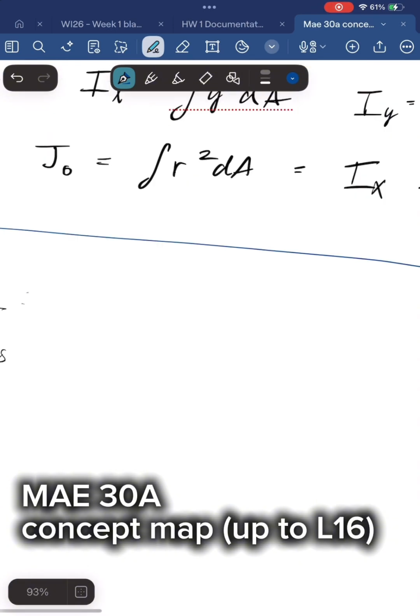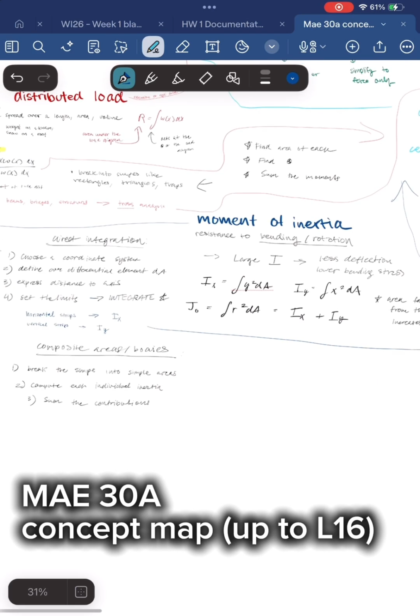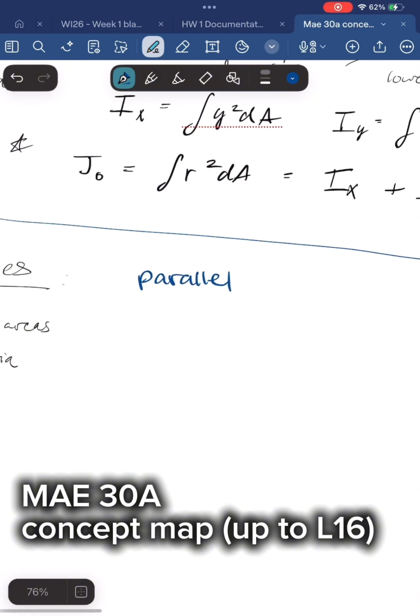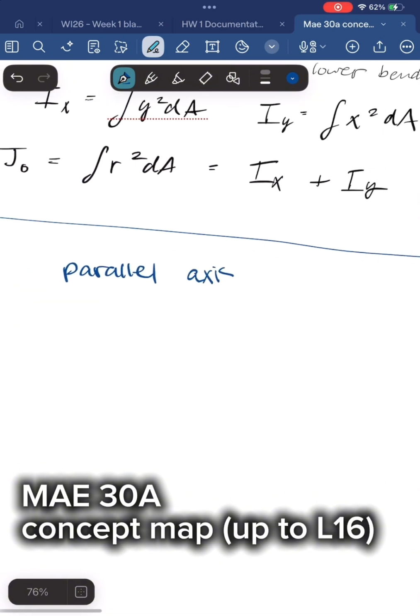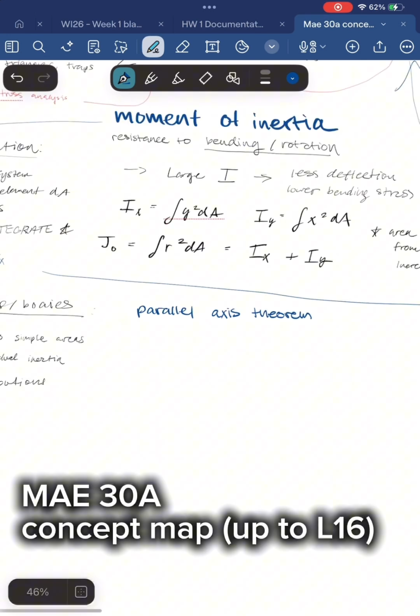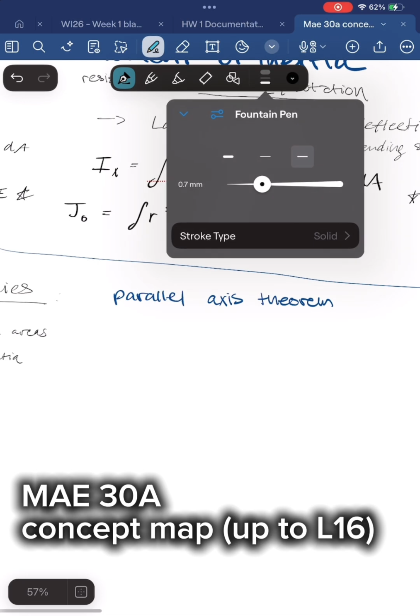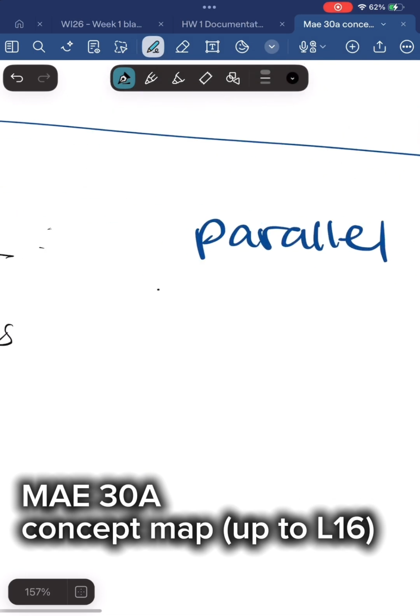And then this brings us to the parallel axis theorem, which is used when the axis is not through the centroid.